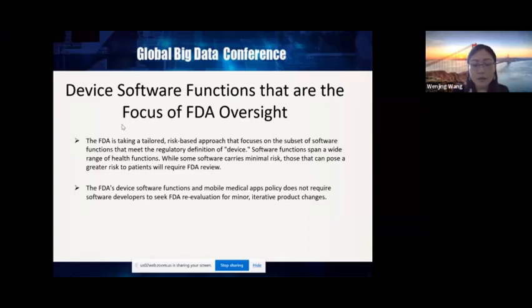So when you make some minor change, you could still utilize the internal change control process to manage it, and you don't need to submit a new application.